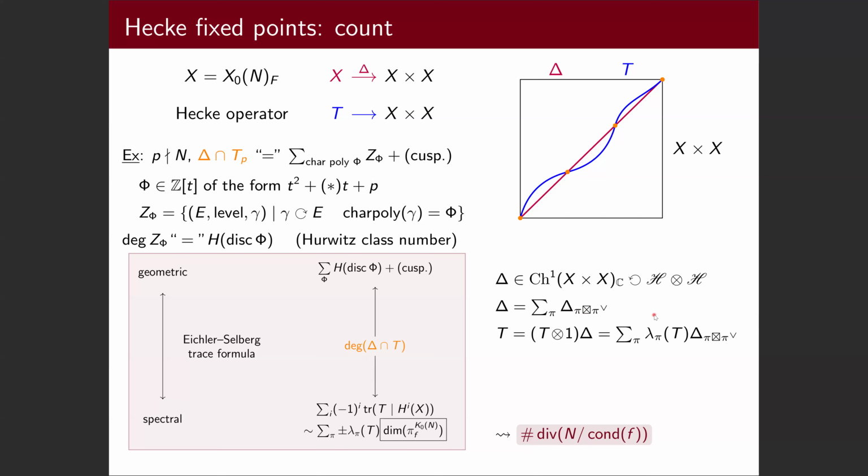But there, when you T act on there, do you get some other terms too when you T shift the diagonal to somewhere else? No. So what happens is, I move this T inside the sum, so it acts term by term on the sum, and this T acts on the first factor pi, so I get a Hecke eigenvalue, and then the identity acts on the second factor, and I just get one. Oh, okay. Thanks. No problem. Thank you very much for the question.